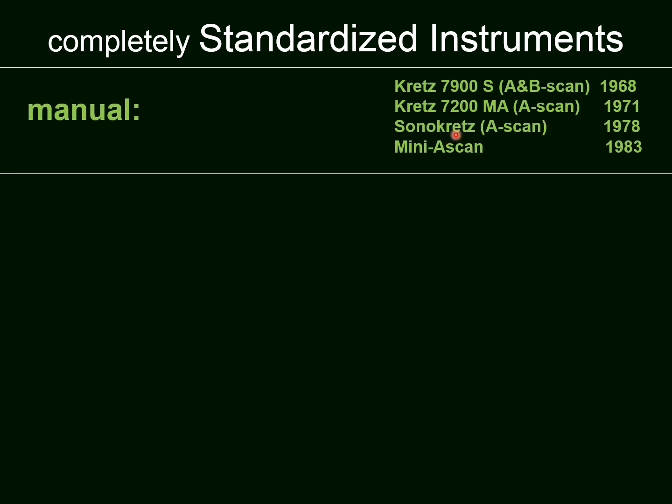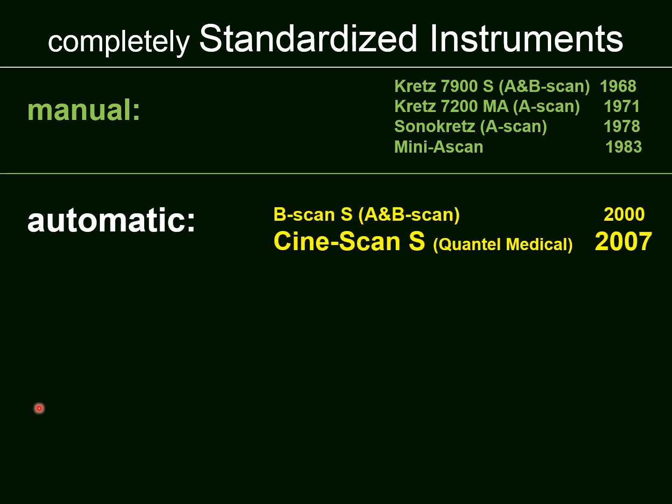It was followed by the Sonocrats A scan in the late 70s and then replaced by the Mini A scan in the 80s. And then came the automatic A and B scan instruments that were standardized.